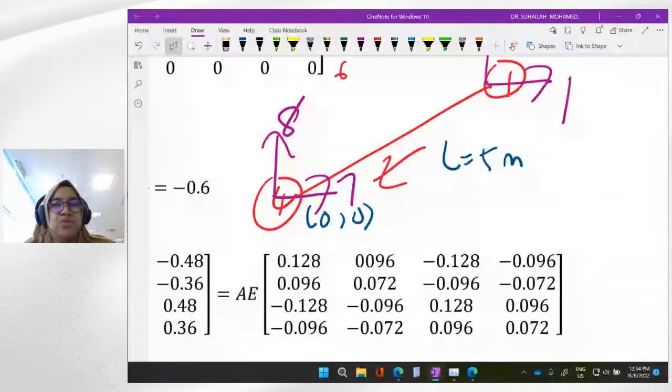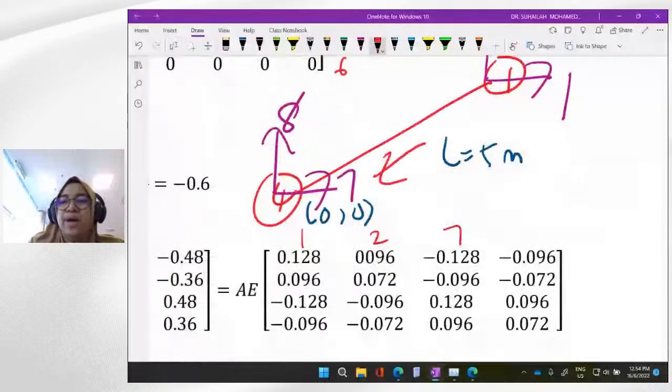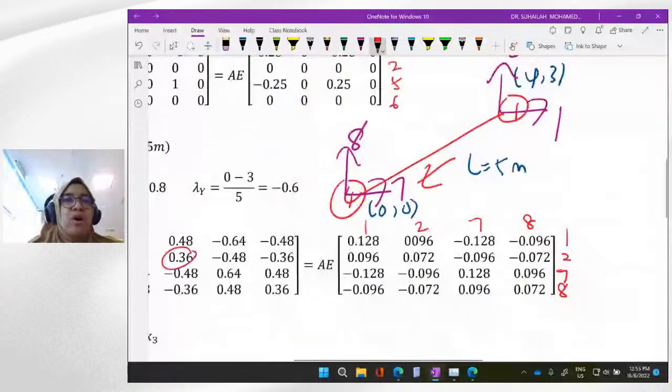So from the diagram it is 7, 8. So the label for this is 1, 2, 7, 8. Okay, now we have got all element stiffness matrices.